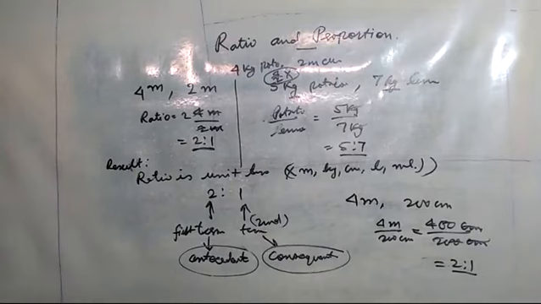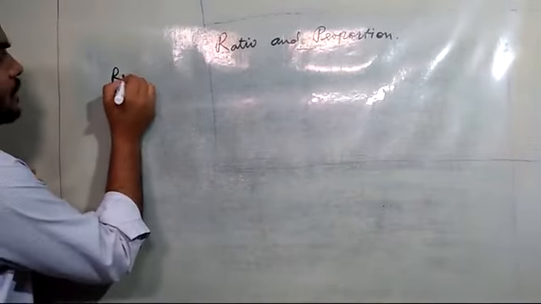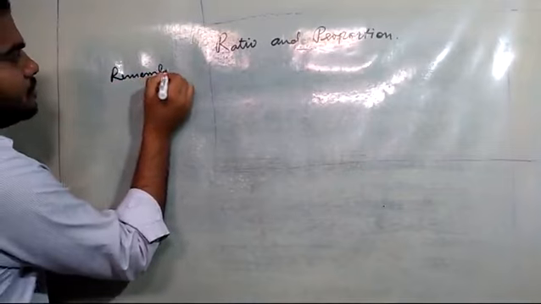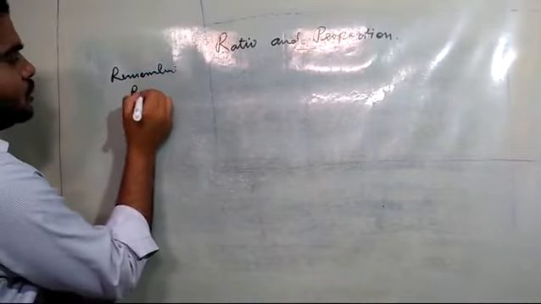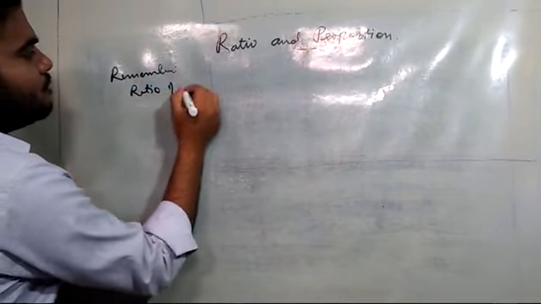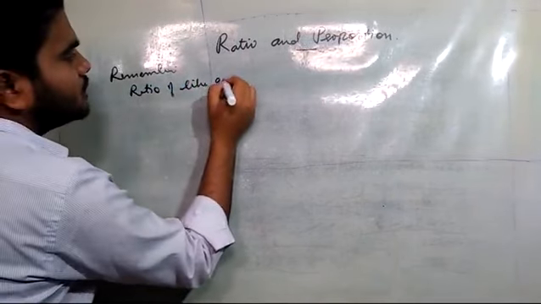So what I want to say is that only similar quantities can be compared, of the same age, same quantities, same numbers, and ratio is always unitless.